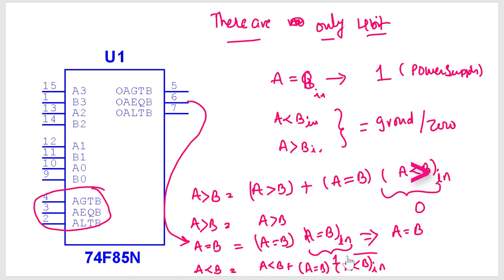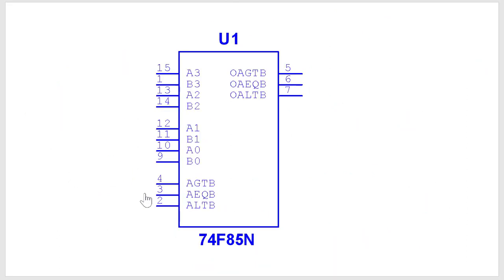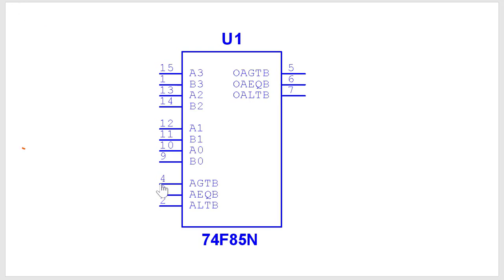In this case this cascading input is 0, so you are going to get A less than B. So whenever we connect only 4 bits for the comparison, you are supposed to connect A equals to B in to the power supply, VCC, and the other 2, A less than B in and A greater than B in, to the ground, so that your output will not be affected and it will compare only 4 bits.